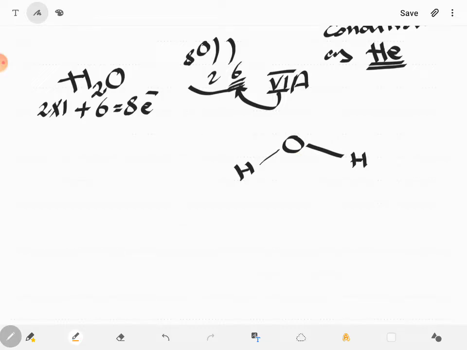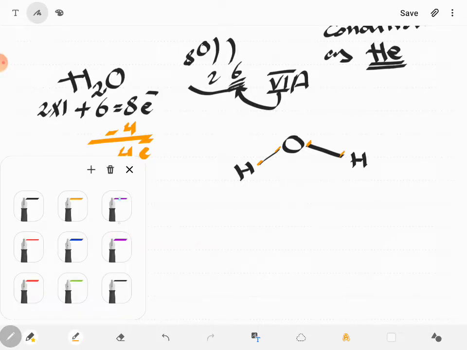I have to put the other atoms around and make lines. Lines are called bonds. Each one has one electron from each atom, which means two electrons already. So I have to deduct those electrons from the total number of electrons. Here we consume 4 electrons, so minus 4, remaining 4 electrons.